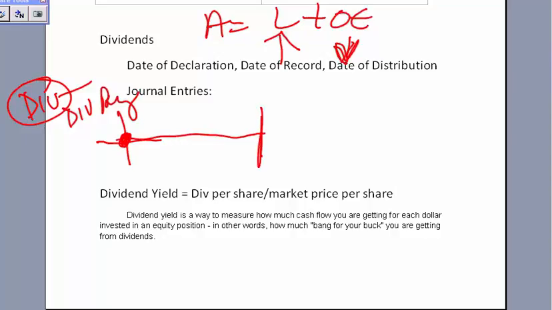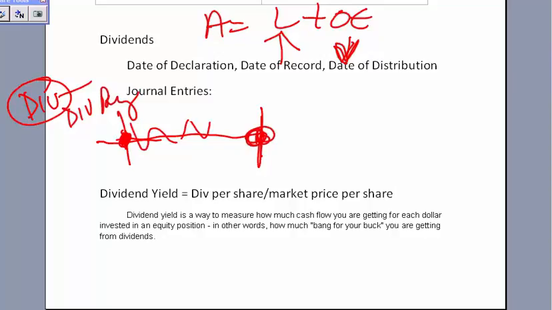Then the next date is the date of record, and with the date of record, those are the people that are going to receive the dividends. So the date that the board of directors declares the dividends, it takes some time to get a list of everybody who should receive those dividends.